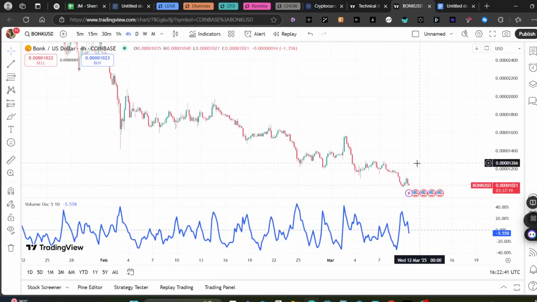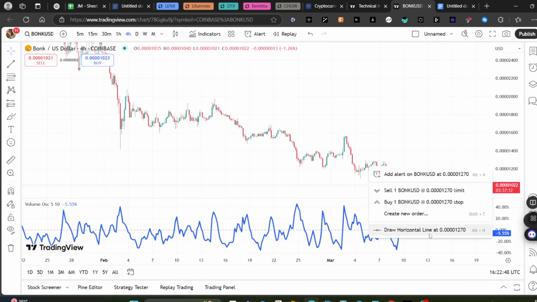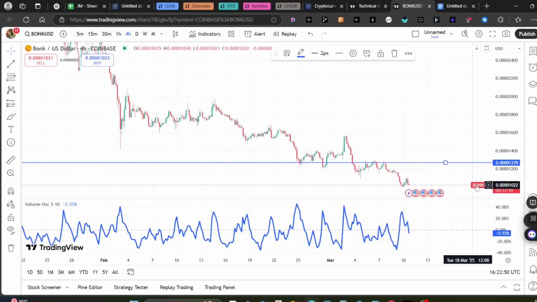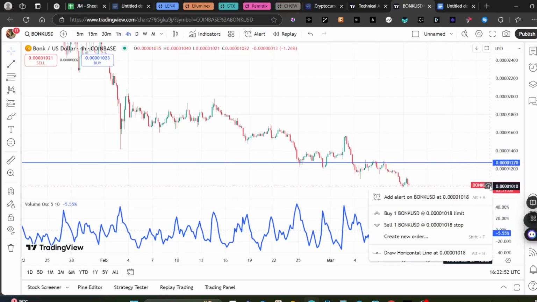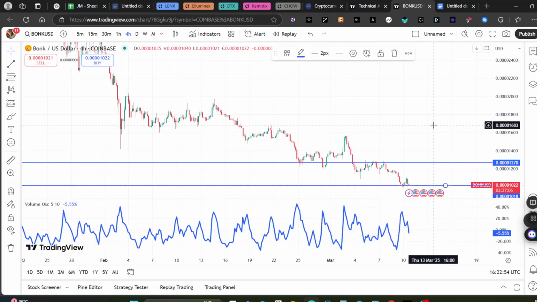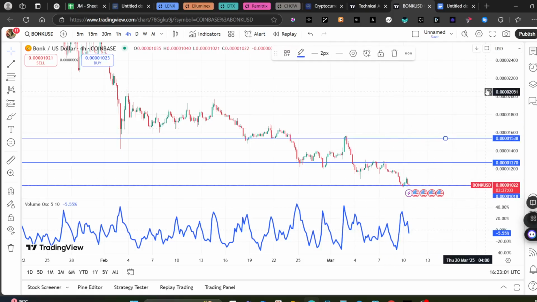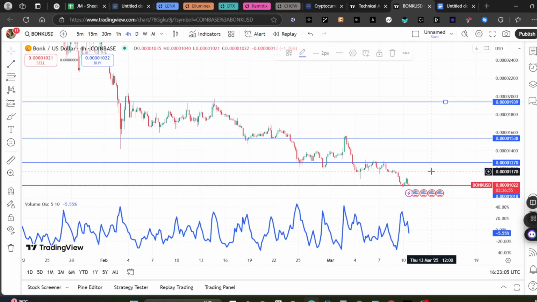You can mark out key levels on your chart so that you can easily identify when a breakout happens, or potential reversal points. Basically, it's important to have these important levels marked out on your chart.